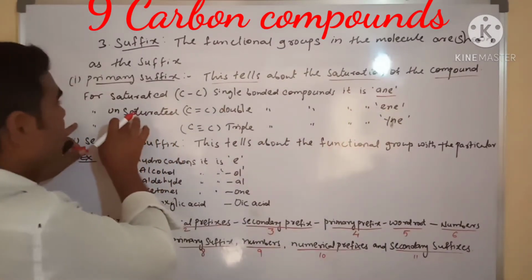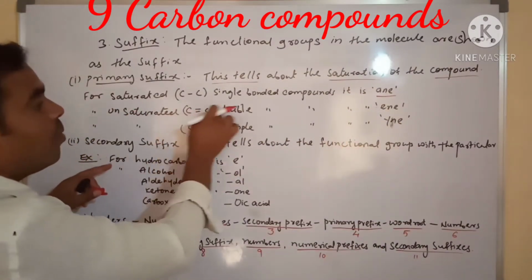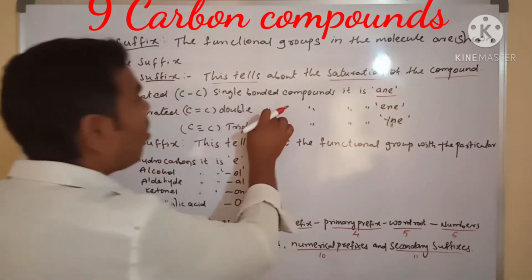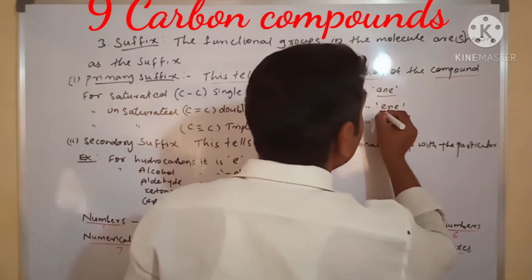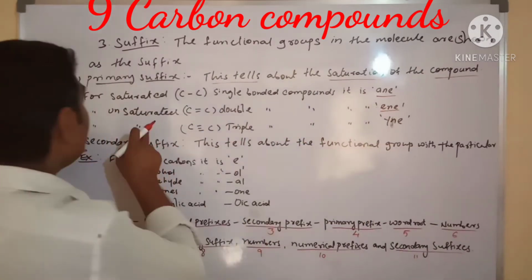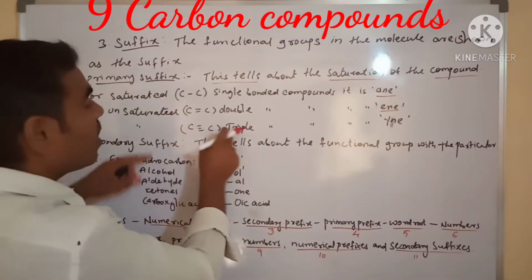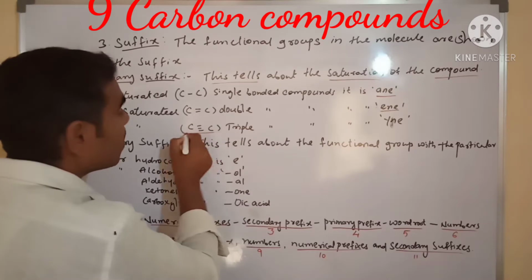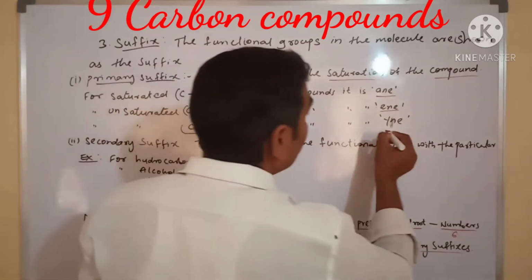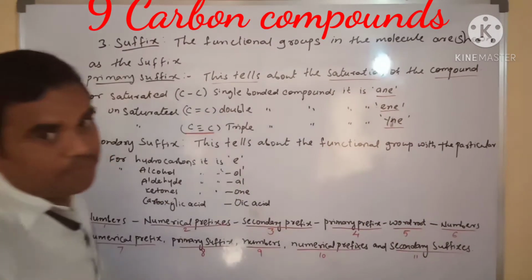Next, unsaturated with a carbon-carbon double bond, a double bond compound, is ene. Next, unsaturated with a carbon-carbon triple bond, we call it yne.